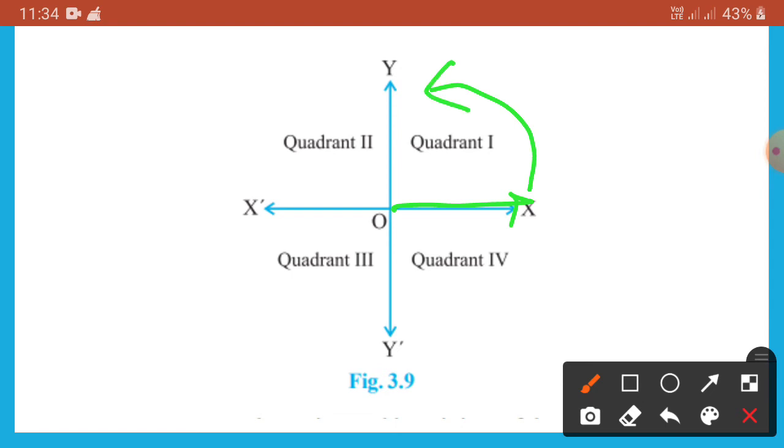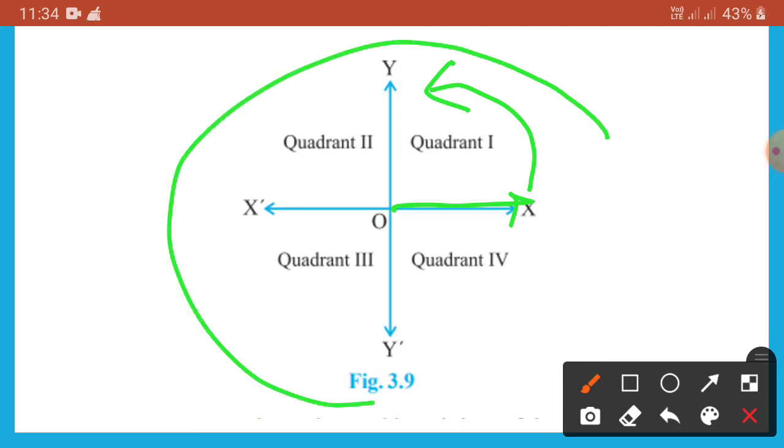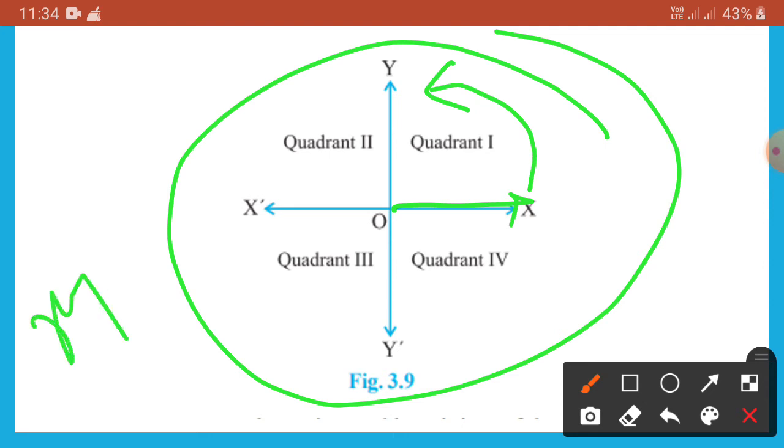We call this plane the Cartesian plane or coordinate plane, or the XY plane, and the axes are called coordinate axes.